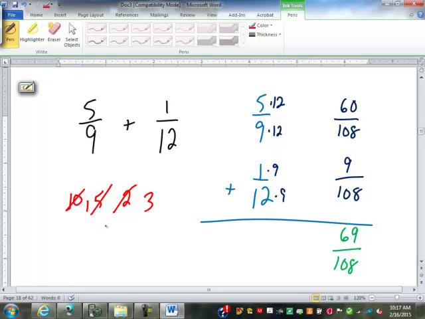Can they both be divided by 3? Yes, they can. 69 divided by 3 is 23. 108 divided by 3 is 36. That's 23 over 36. You said before, 36 is the least common denominator. We could have used 36, and we could have had that right off.